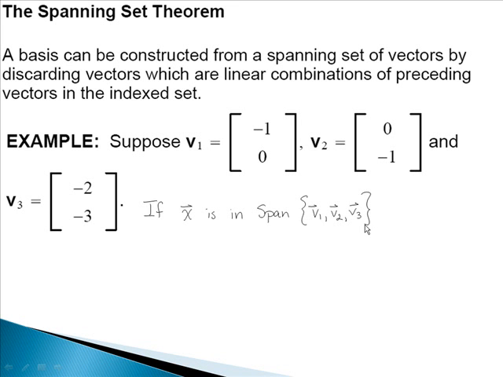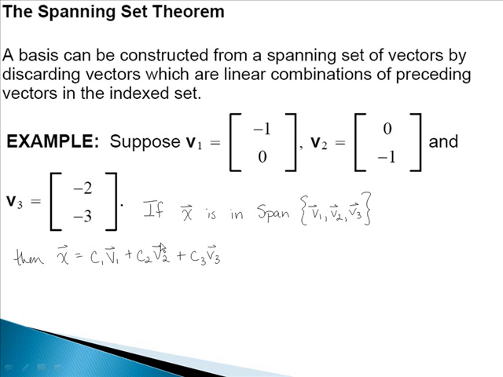If x is a vector that's in the span of these three vectors, then we can say that x is written in this way, as c1 times v1 plus c2 times v2 plus c3 times v3.